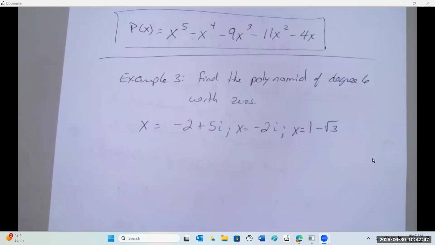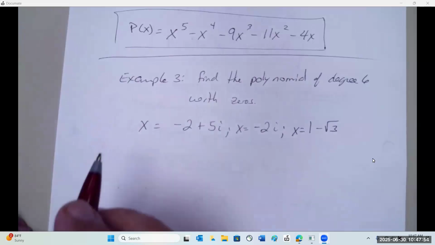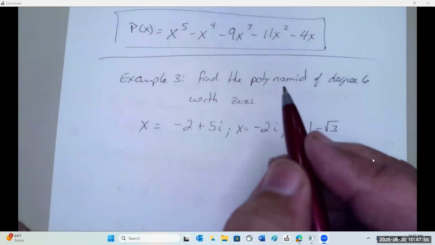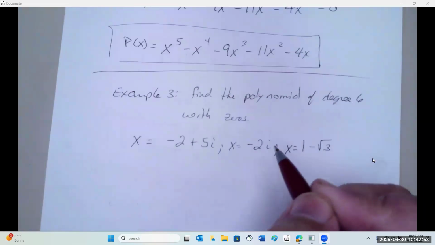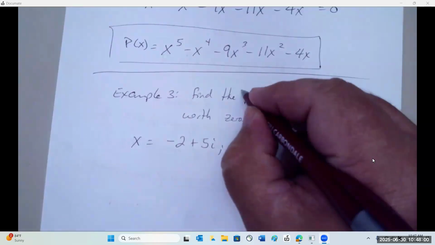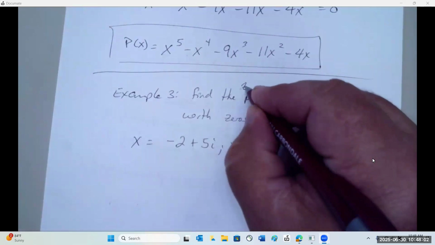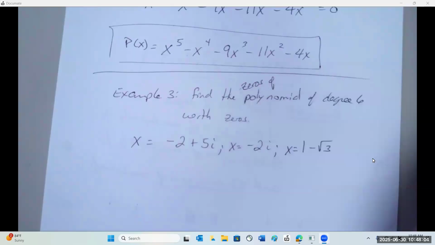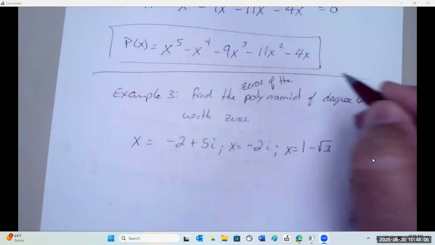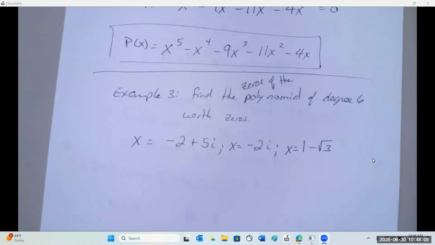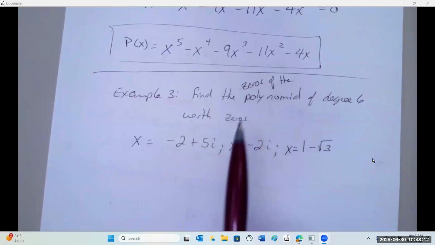And we're not going to work this one all the way out because it's going to be very long. All this was asking is to find the zeros of the polynomial of degree 6 with the following zeros. All I want to know is find me the zeros.